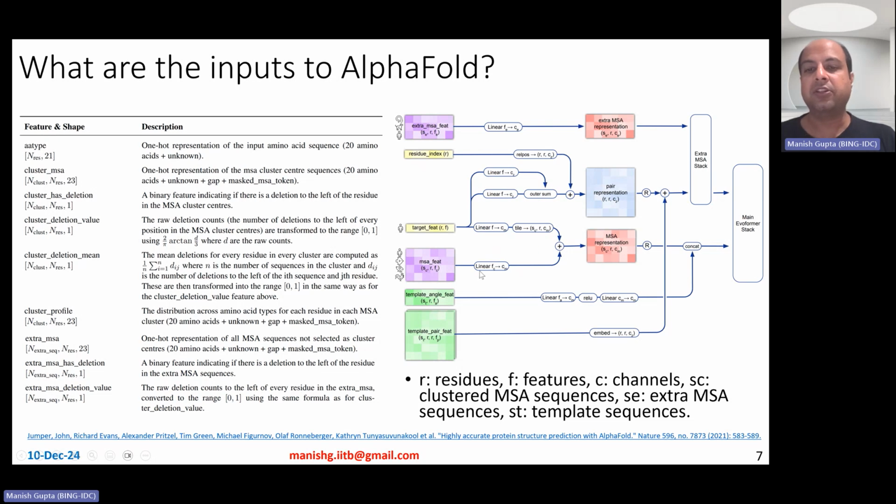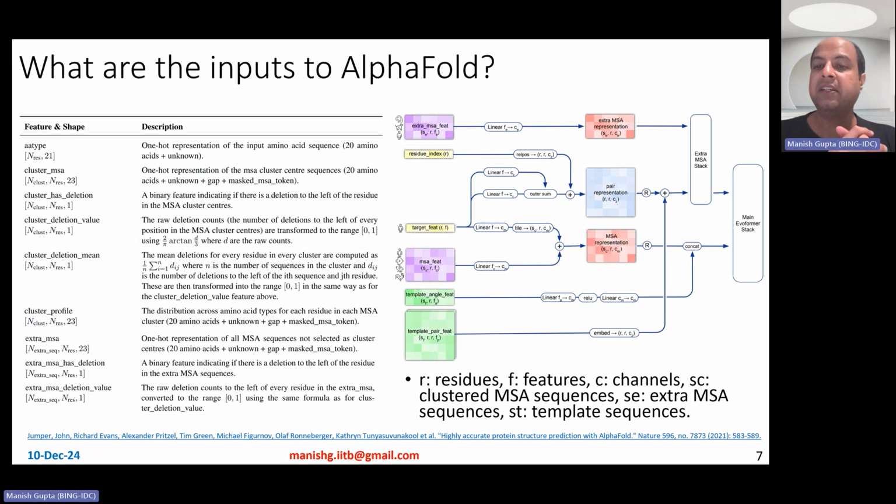There is also, at the end of it, after all of these interactions that happen, you're going to give the evoformer stack two kinds of inputs. One is of the size R R C, which is the paired representation. This paired representation matrix is going to be of that size, R R C: residues by residues by C, the number of features.